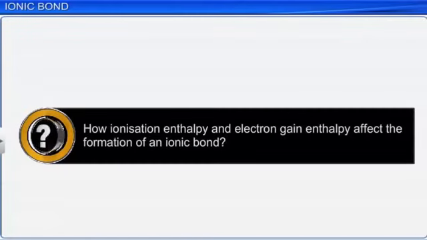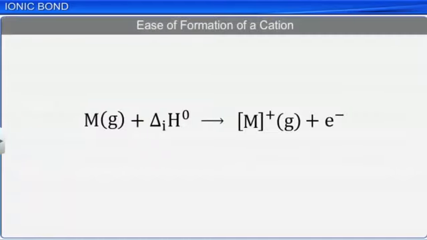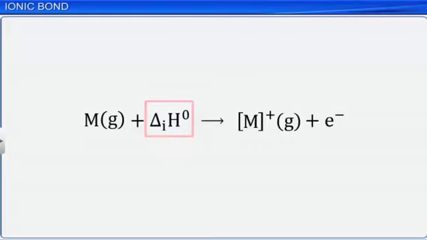Now let us understand how ionization enthalpy and electron gain enthalpy affect the formation of an ionic bond. The ease of formation of a cation depends on the magnitude of the ionization enthalpy. Lower the ionization enthalpy, easier the removal of electron, and hence greater is the ease of formation of cation.